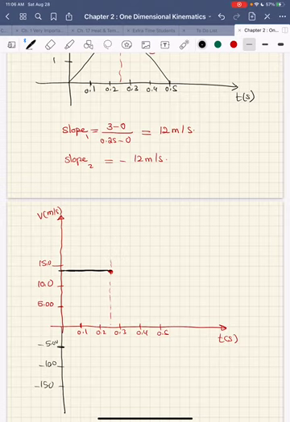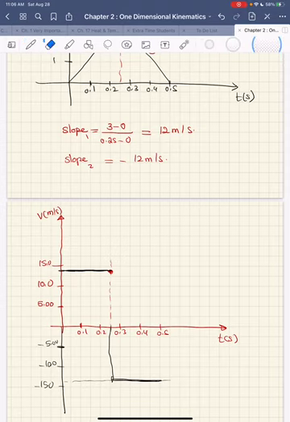Then I'm going to expect something maybe like this. This is going to be the shape of my graph. The black one is going to give you the velocity versus time.